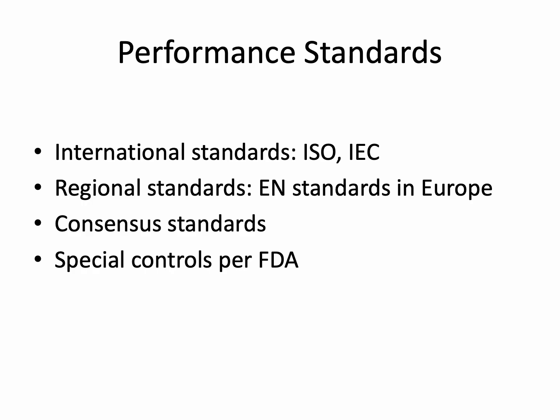Recognized consensus standards may be referenced for regulatory compliance. In the United States, FDA special controls define performance requirements for specific Class 2 devices, including testing protocols, labeling, and post-market surveillance obligations. Understanding applicable standards ensures devices meet regulatory expectations and reduces the risk of non-compliance or product recalls.